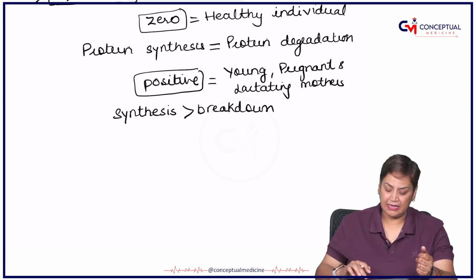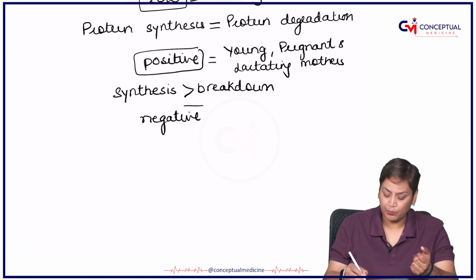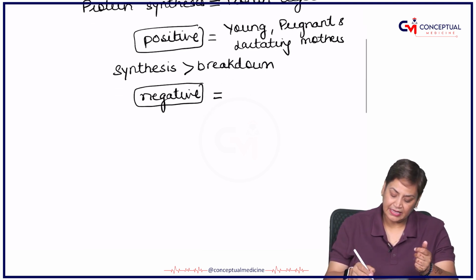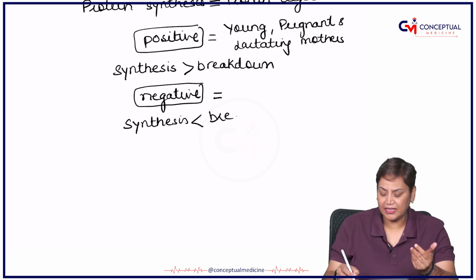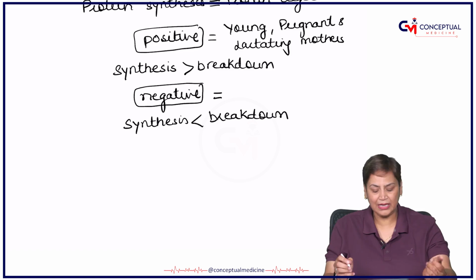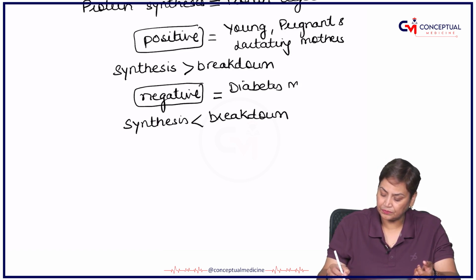Right. Then it will be negative. Now, when will it be negative? Basically when synthesis is less than the breakdown, or protein degradation is more than synthesis. This occurs in any injury, or most commonly in diabetes mellitus.